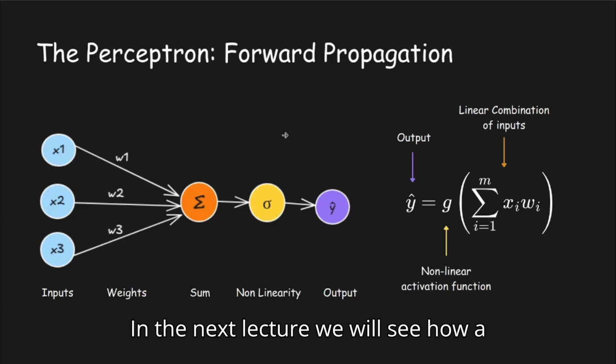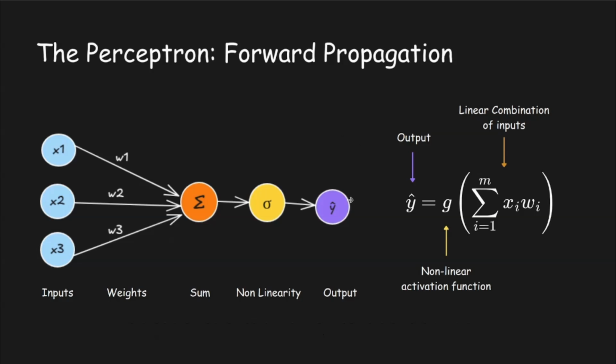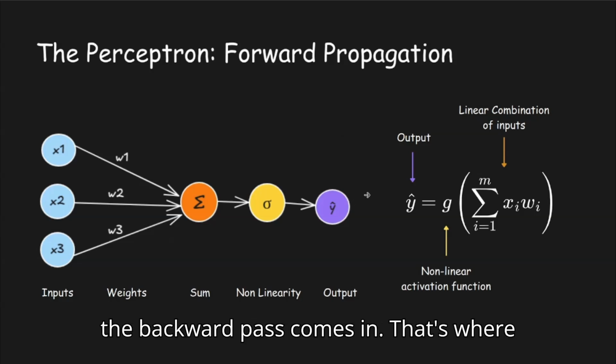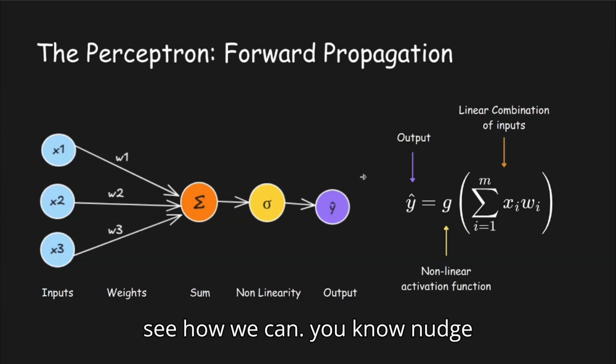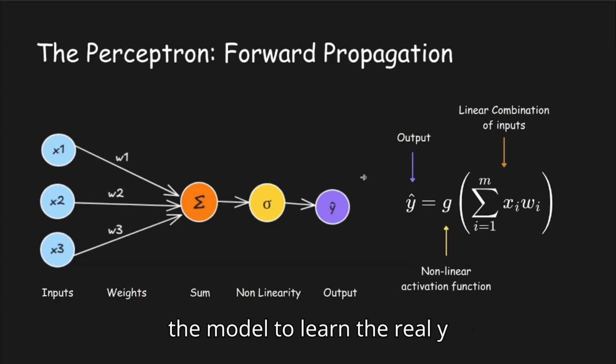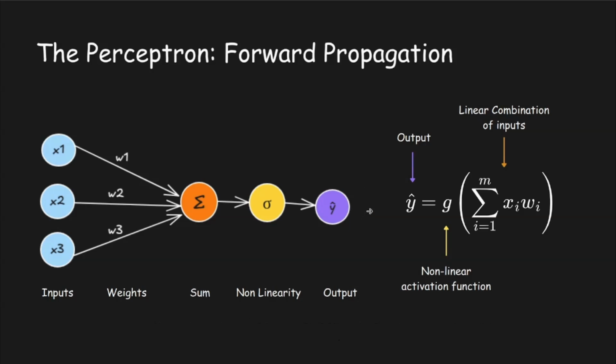In the next lecture, we will see how a perceptron model is trained and how the backward pass comes in. That's where y comes along, and we will see how we can nudge the model to learn the real y instead of producing this y hat. But let's stick to the forward pass for now.